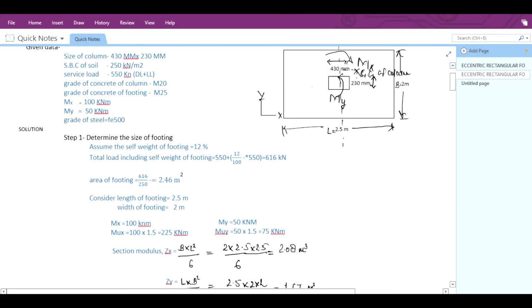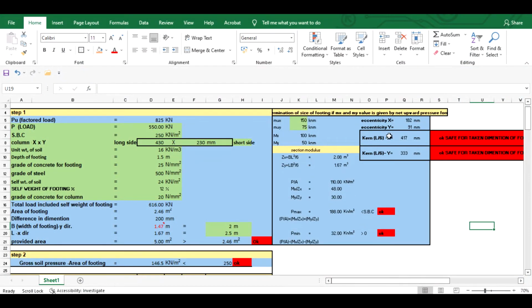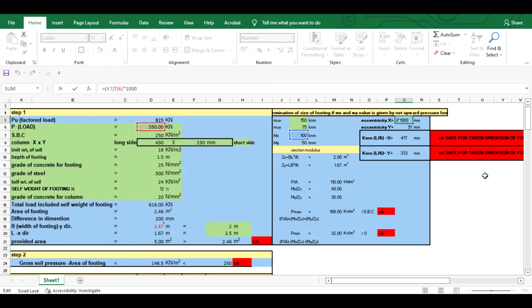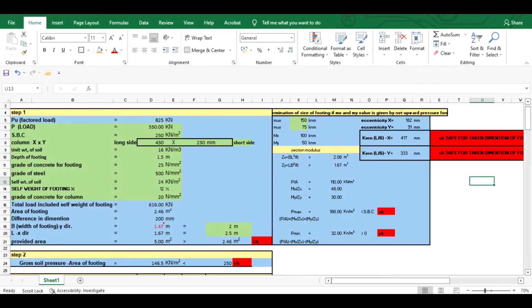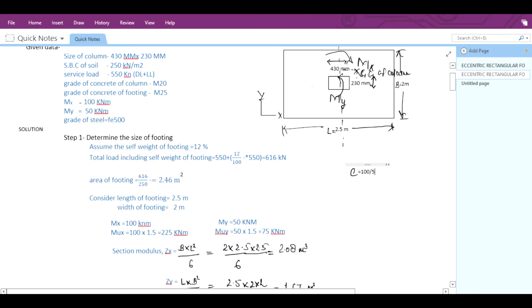So if you see the eccentricity for x direction, it will come as 182. How is eccentricity calculated? I will mention here. Eccentricity will be equal to moment by P. The moment is 100, that is the moment in x direction, divided by your service load, that is 550.